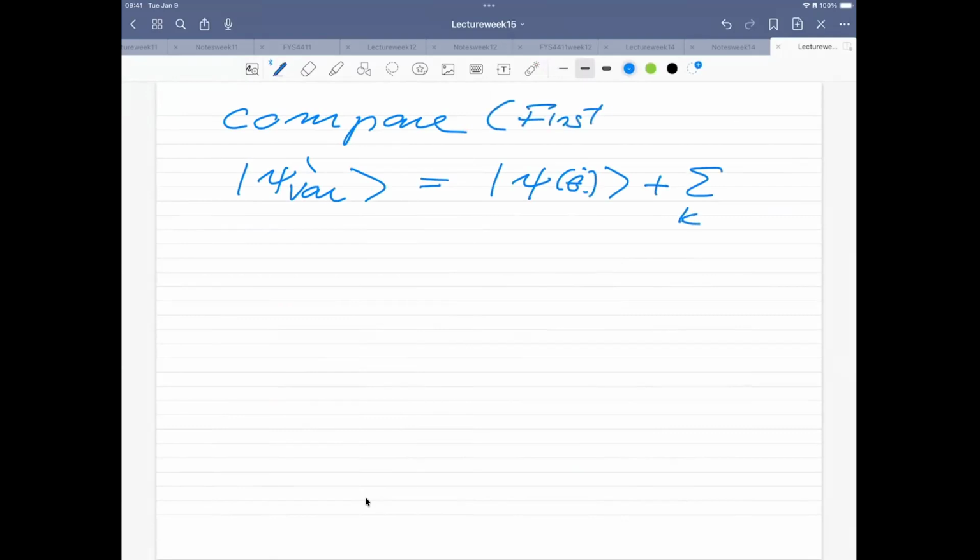First order only. So this is an approximation which we are going to make. These are first order terms where we have delta theta k and this psi of k, which we defined previously.